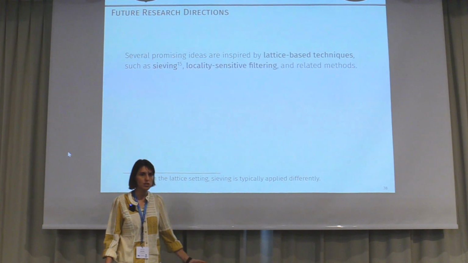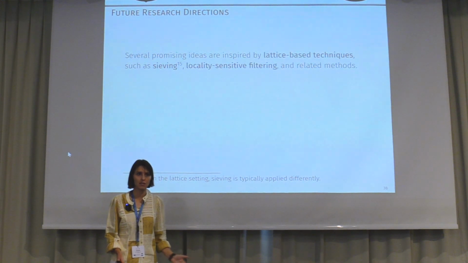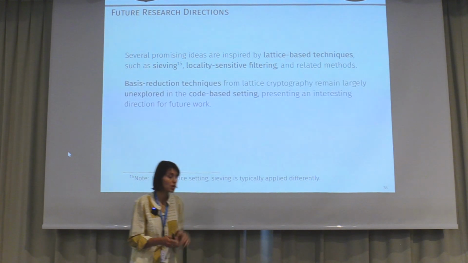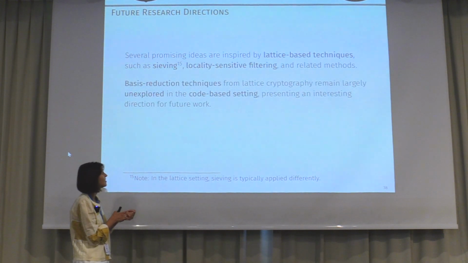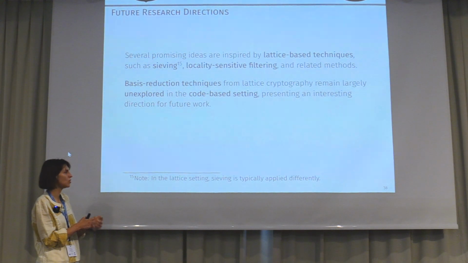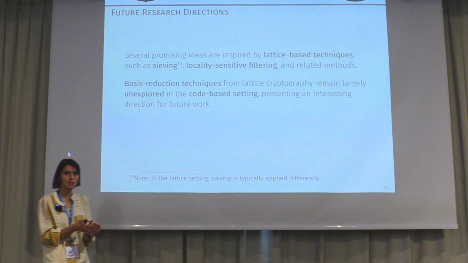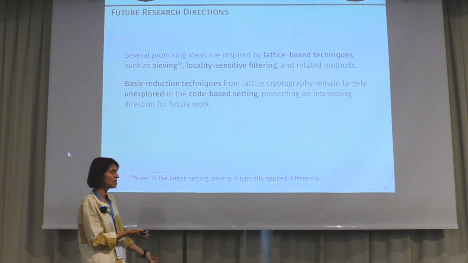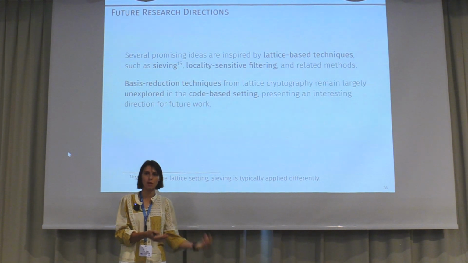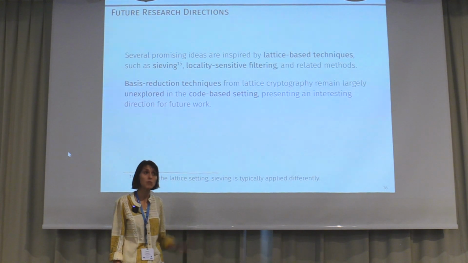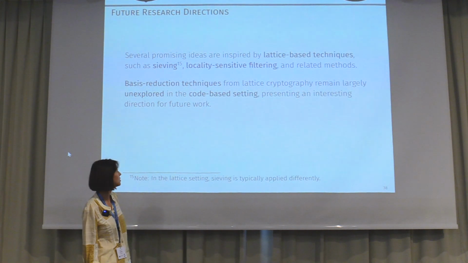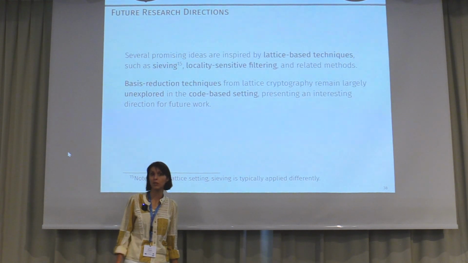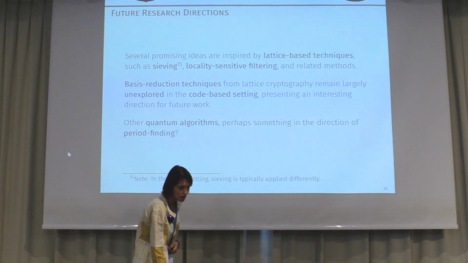So the question now is, are there more techniques from lattice-based cryptography that can be used? In particular, one line of research can go in the direction of the basis reduction techniques that are very common in the lattice-based setting, not yet in the code-based setting. They are not that well explored. There are some papers on this topic, and I'm quite interested in this line of research. But the question is how much we can achieve with this type of techniques.